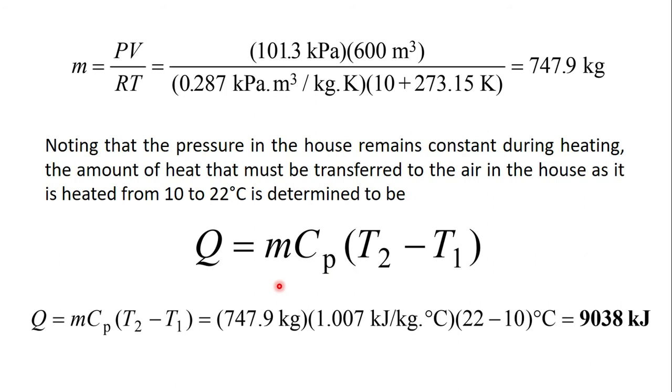After putting all the values in this formula and simplifying that, you will get the final value of the energy which is being absorbed by the air in order to raise the temperature from 10 degrees centigrade to 22 degrees centigrade. So 9038 kilojoule is the amount of heat which is basically absorbed during this temperature rise.